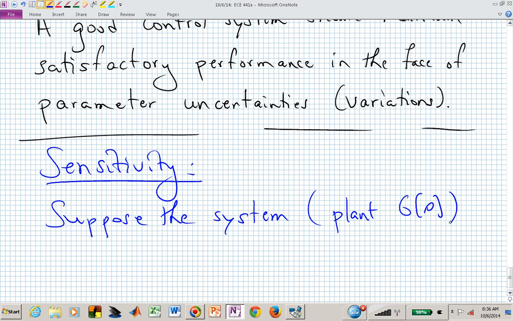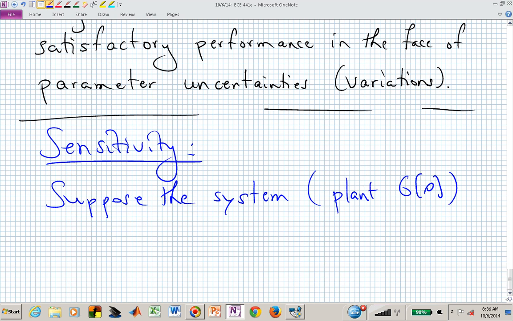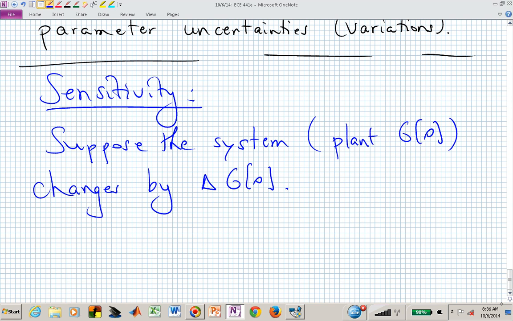Let's say that's G of S. And let's say that that plant changes by some amount. We'll call that delta G of S. We have a motor, and it's in this big system. Now the motor changes for whatever reason. It now has a change, and we're labeling that as a delta G.